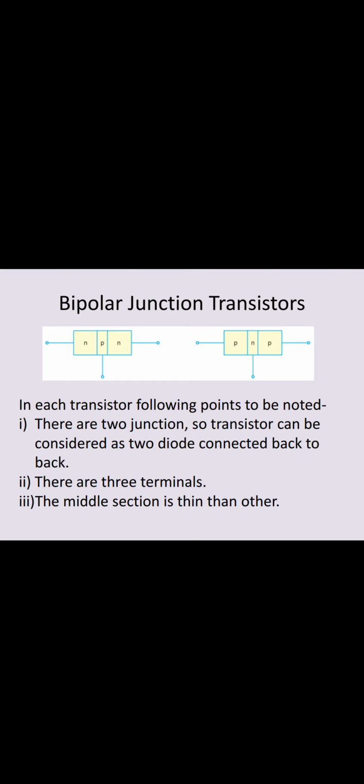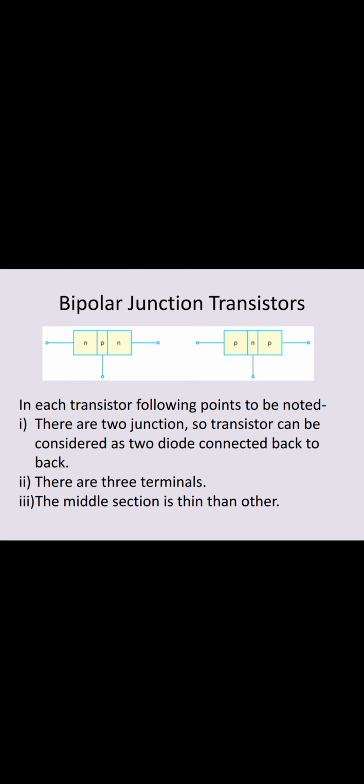In a PNP or NPN transistor there are two junctions of different types of semiconductors, and so it is called a junction transistor, while it conducts with electrons and holes, and so it is called bipolar.